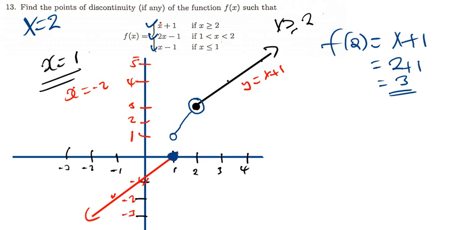Next, limit as x is approaching the same number, which is 2, from the left side. Which one is telling us x is approaching this number from the left side? Do you know what it means when I say from the left side?